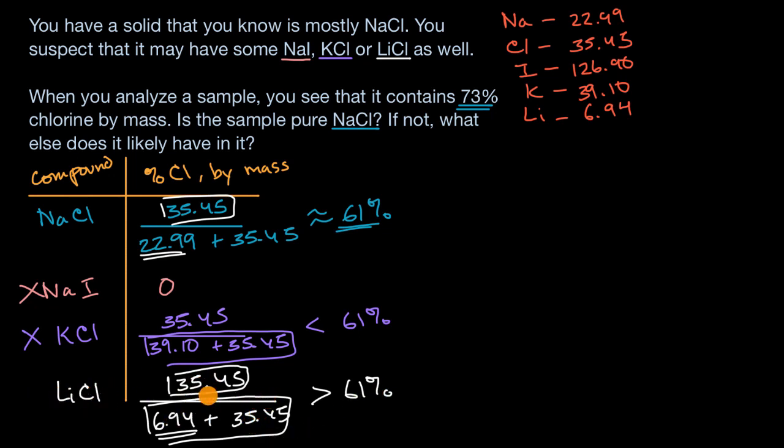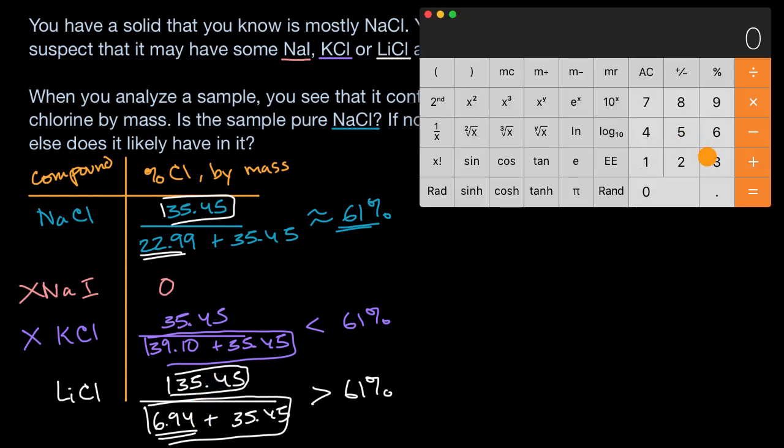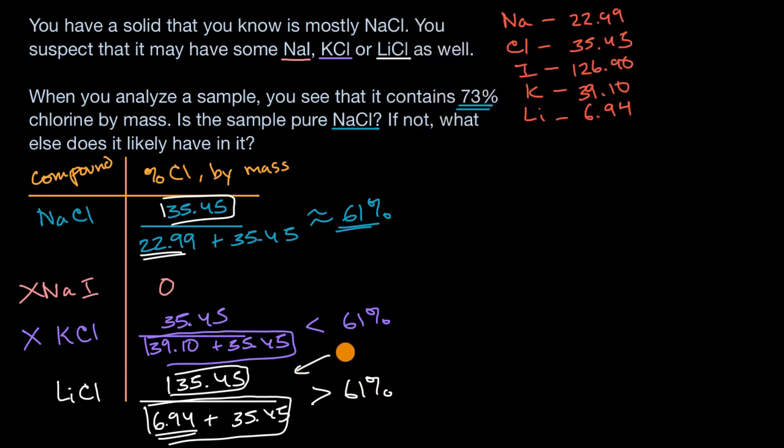We can actually figure out this value. Let me get the calculator out. We take 35.45 divided by, open parentheses, 6.94 plus 35.45, close parentheses, is equal to roughly 84% chlorine by mass. So that does the trick.